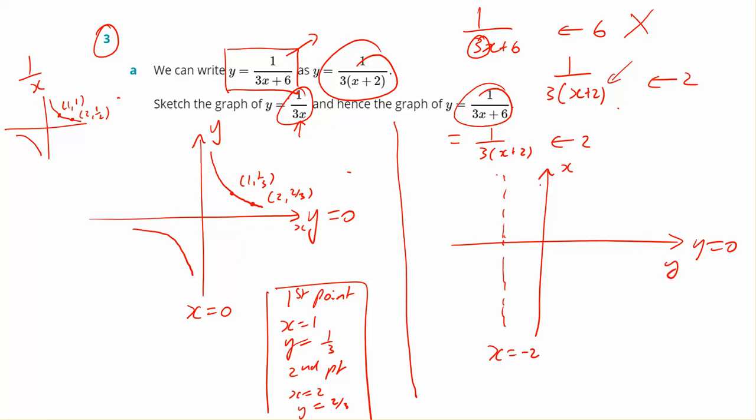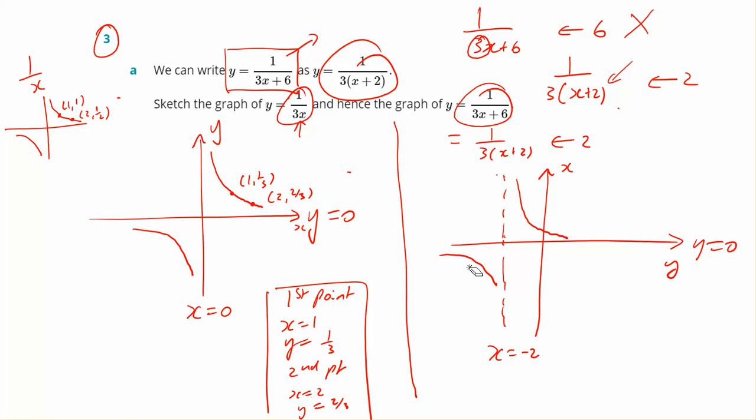It's going to be positive, so I'm going to have part of the graph here, part of the graph down there. Remember how I was focused on your shape? I've got to make sure that it's roughly correct.